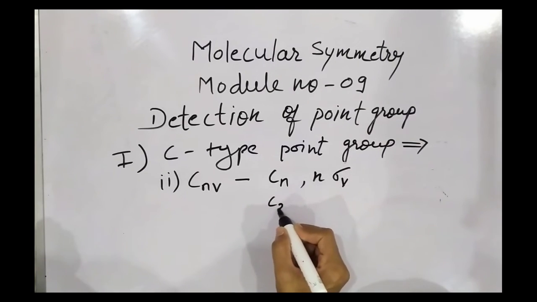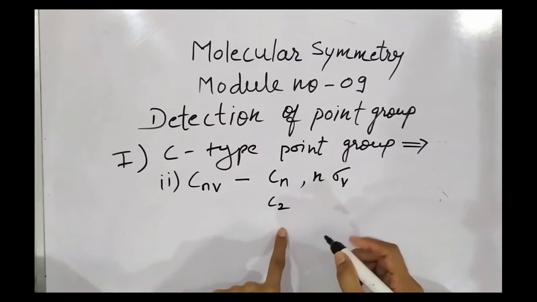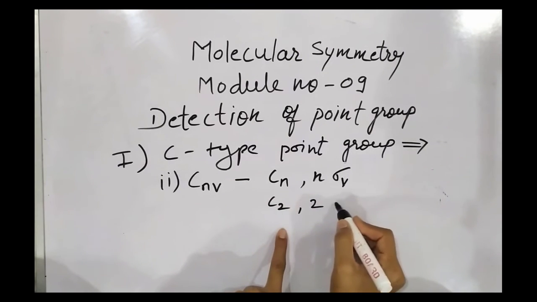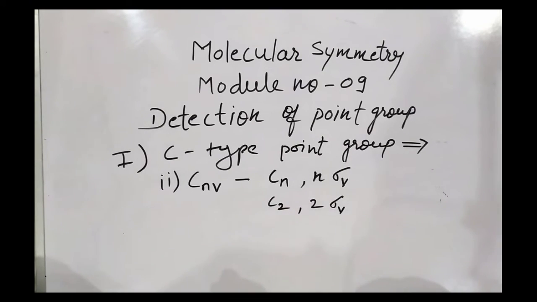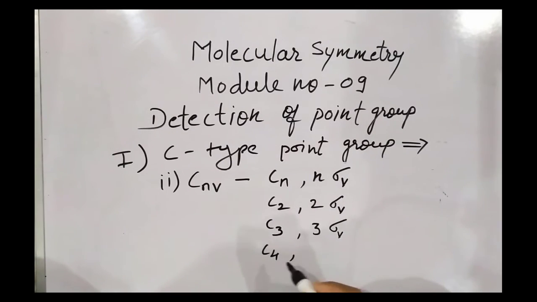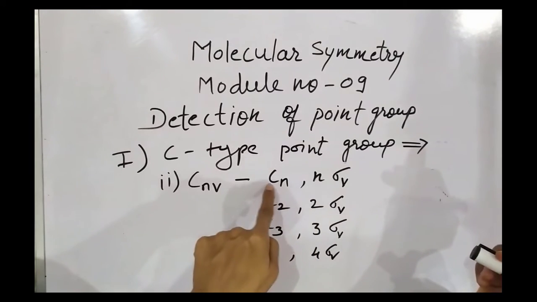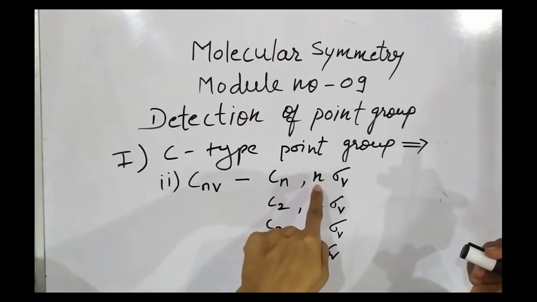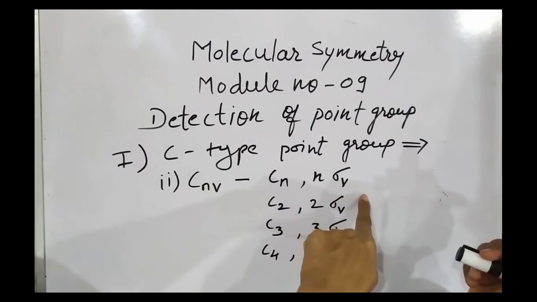It means if I have C2 as the rotational axis, then I must have 2 vertical planes. If I have C3 as the rotational axis, then we must have 3 vertical planes. If I have C4 as the principal axis, then I must have 4 sigma V's. This is the meaning of CN and n sigma V's.